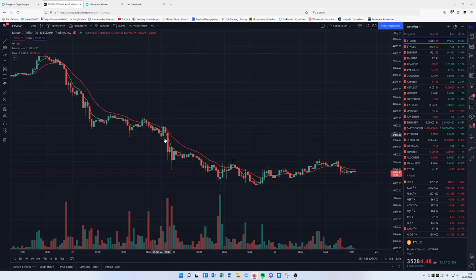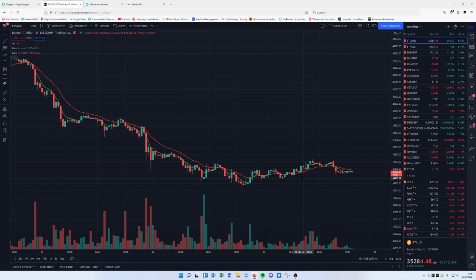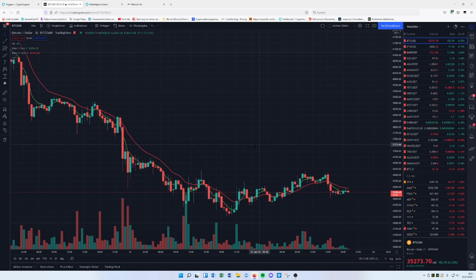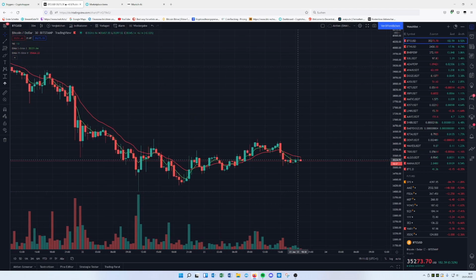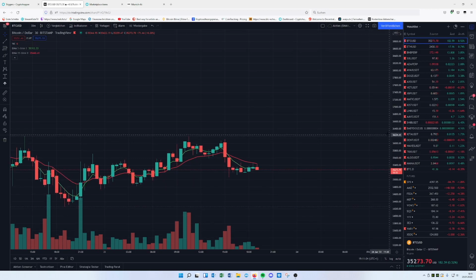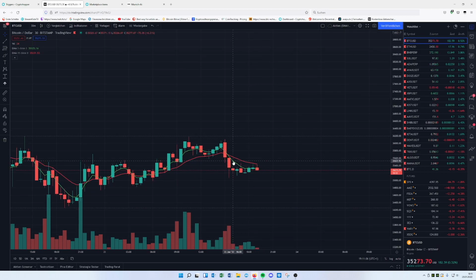So that's why we're doing it here, so you can always understand: okay, because the Bitcoin is right here currently, the green line is under the red line. That means we are in a small downtrend, so the hopper should be deactivated. But if we were here, like today at 6 a.m. in the morning, and they're crossing, the green line is above the red line, that means we are in a small uptrend.